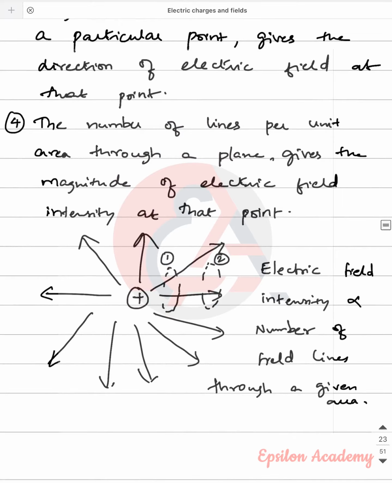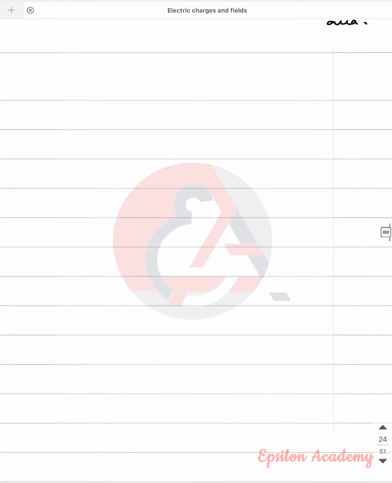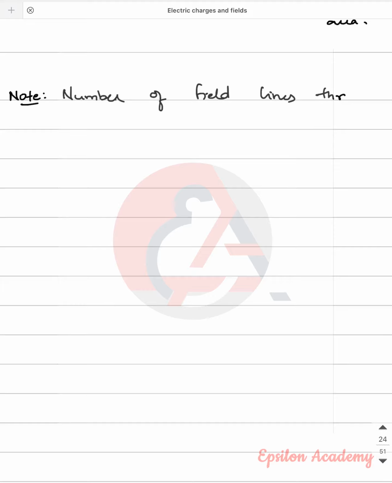So these are the important points about the properties of electric field lines. I would like to make a small note. If you are able to calculate the number of field lines through an area, and most importantly through an area, they should pass perpendicular to it.